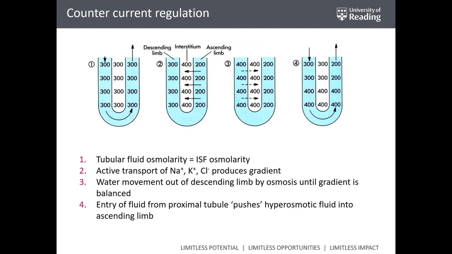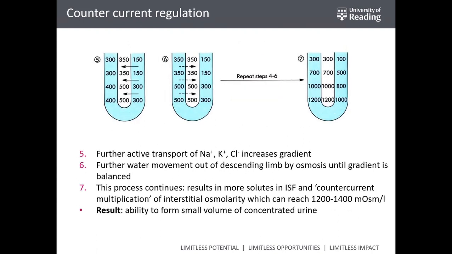Now, new fluid will come into the descending limb from the proximal tubule. The concentrated content gets pushed into the ascending limb. So the hyperosmotic concentrated content gets pushed into the ascending limb, and the process starts again.